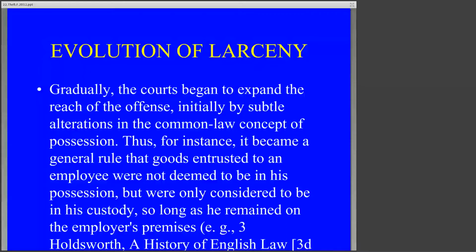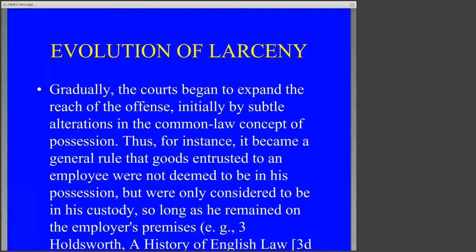Gradually, the courts began to expand the reach of the offense of larceny, initially by subtle alterations in the common law concept of possession. Thus, for instance, it became a general rule that goods entrusted to an employee were not deemed to be in his possession, but were only considered to be in his custody, so long as he remained on the employer's premises.